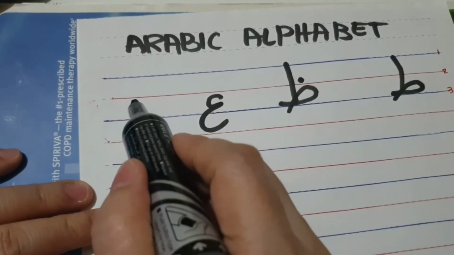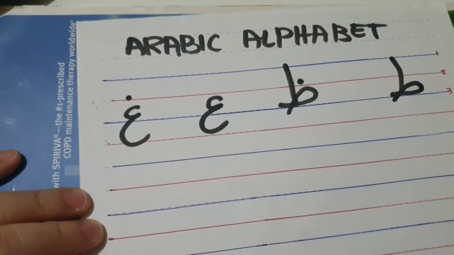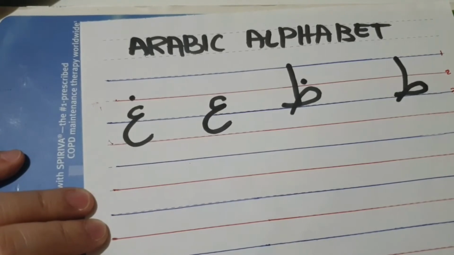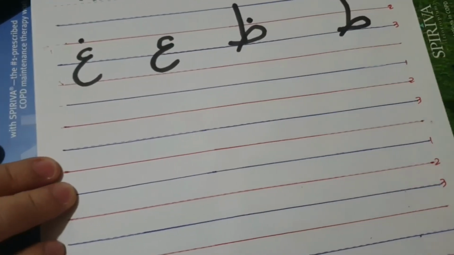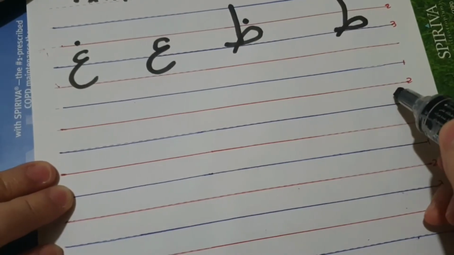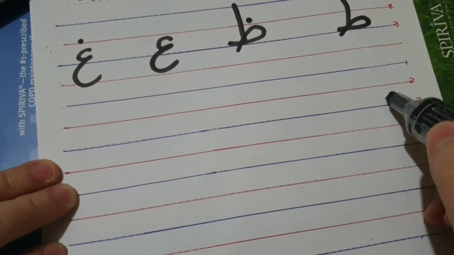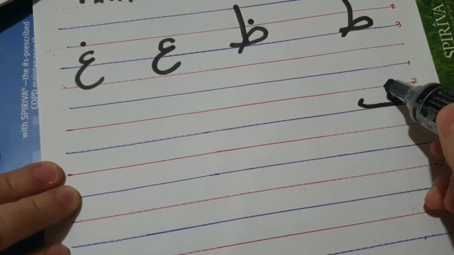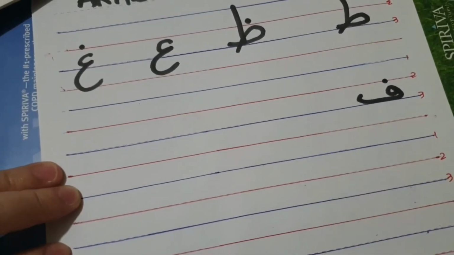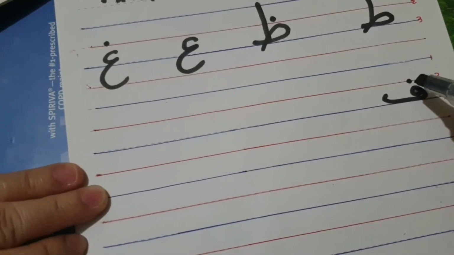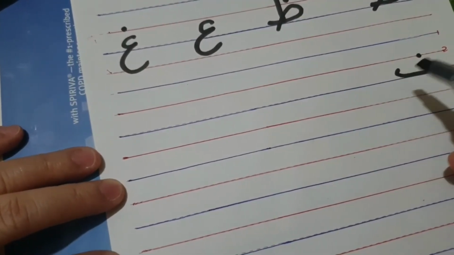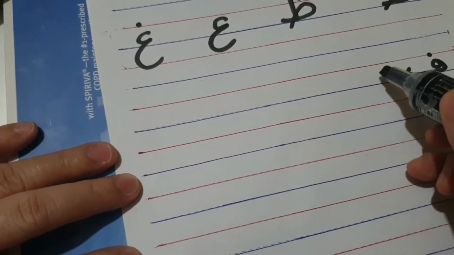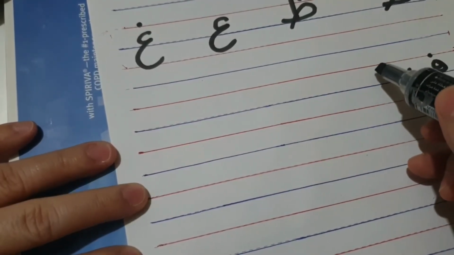And then the ghain, then we have the fa. So the fa is written on the third line here. So first small head and then straight line, then curve the tail and one dot on top. After the fa we have the qaf, written on the third line, between the second and the third.